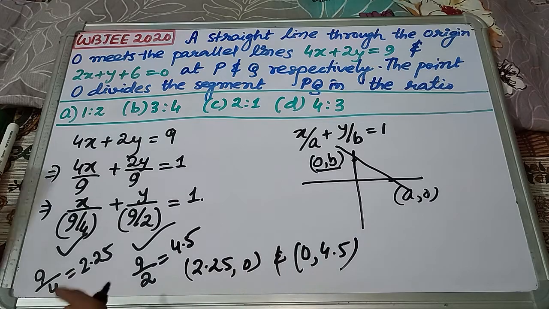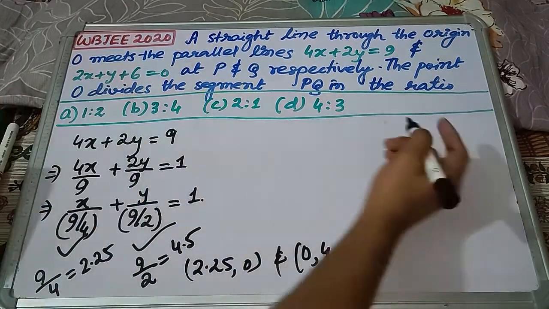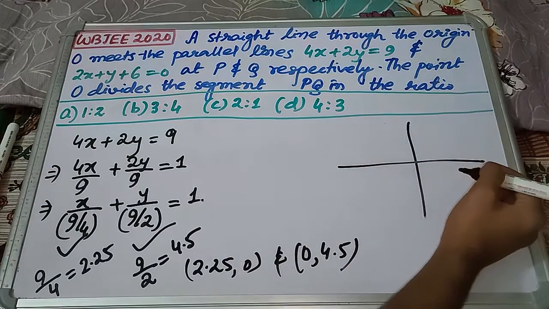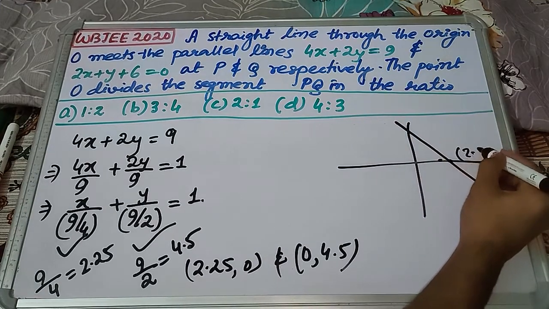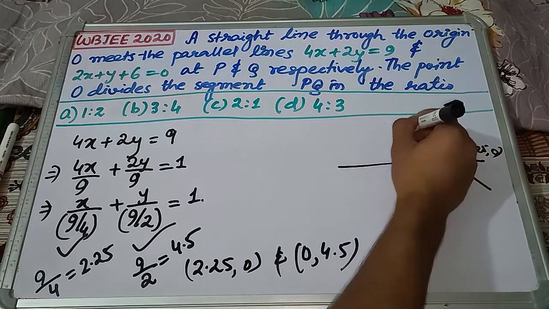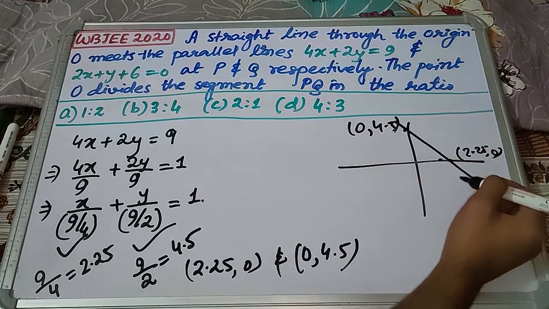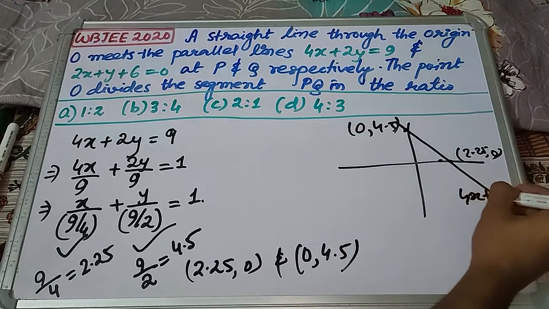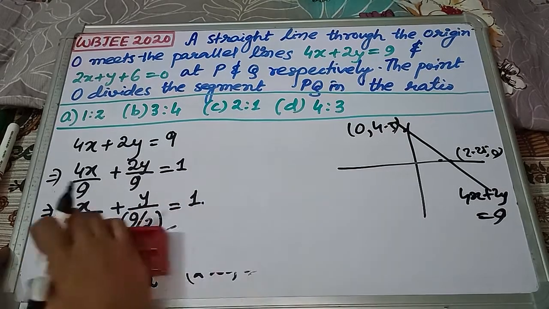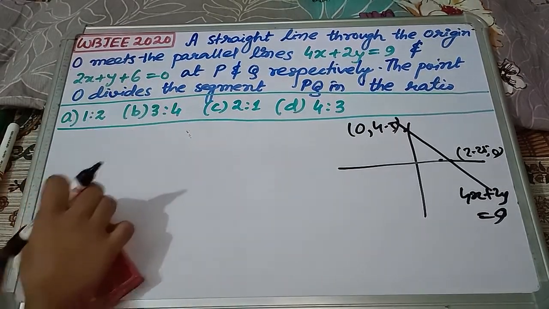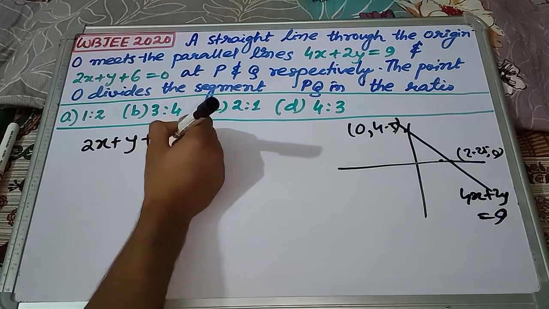So let us draw the rough sketch. If this is our Cartesian plane, this shall be the rough figure. Suppose this is 2.25 comma 0 and this is 0 comma 4.5. So this is our line 4x plus 2y equals 9. Now let us make the other line. The equation is 2x plus y plus 6 equals 0.